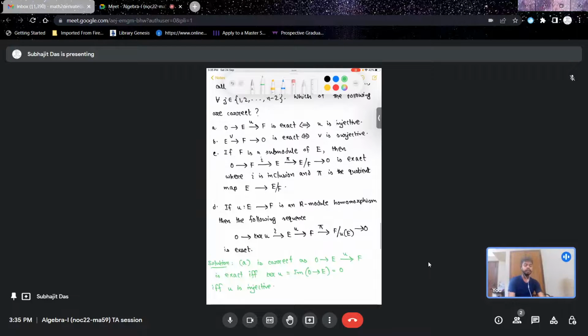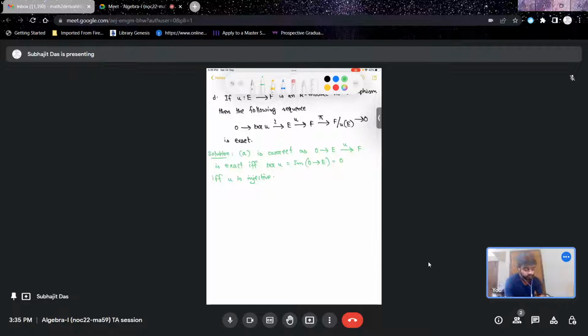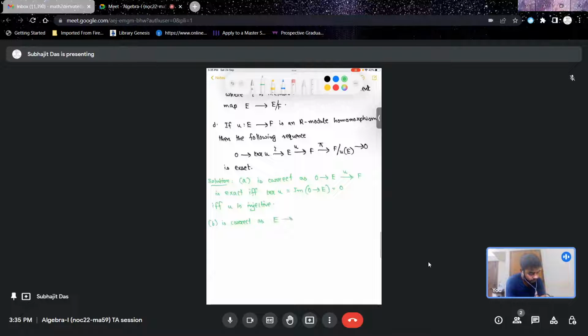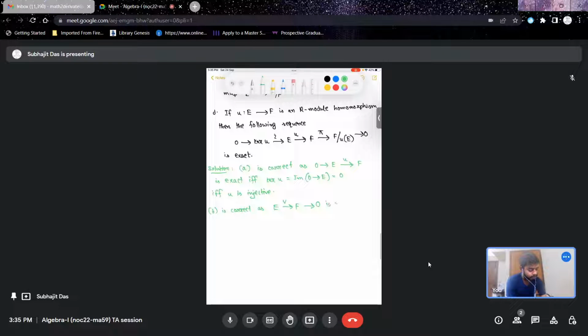What about option B? We are given an arrow from E to F and an arrow from F to 0. This sequence is exact if and only if V is surjective. So option B is again correct, as E to F to 0, V, is exact if and only if the image of V is equal to the kernel of this unique map from F into 0.